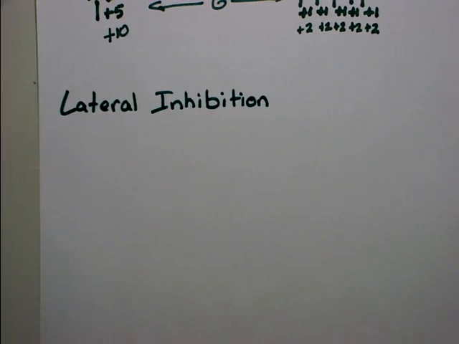Now, lateral inhibition refers to the fact that each one of the receptors in your eye inhibits the activity of its neighbors relative to the amount of stimulation.